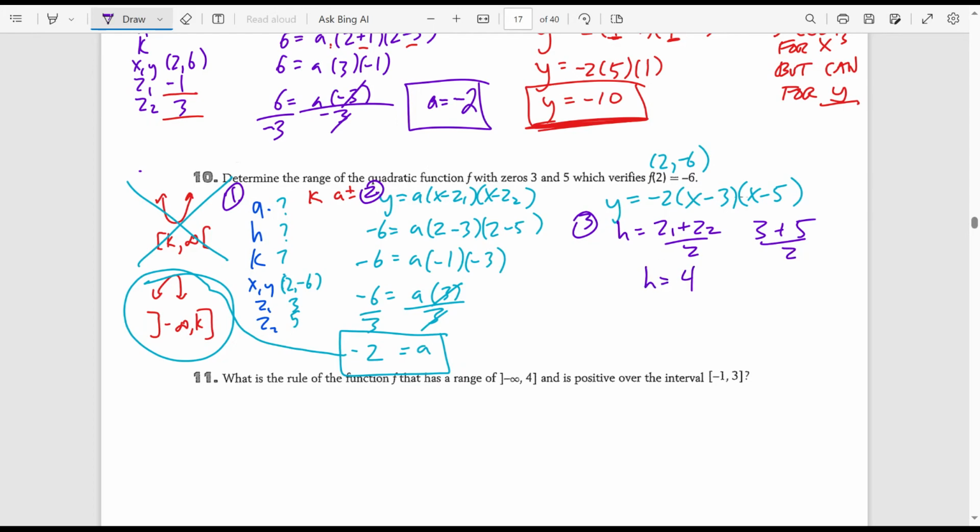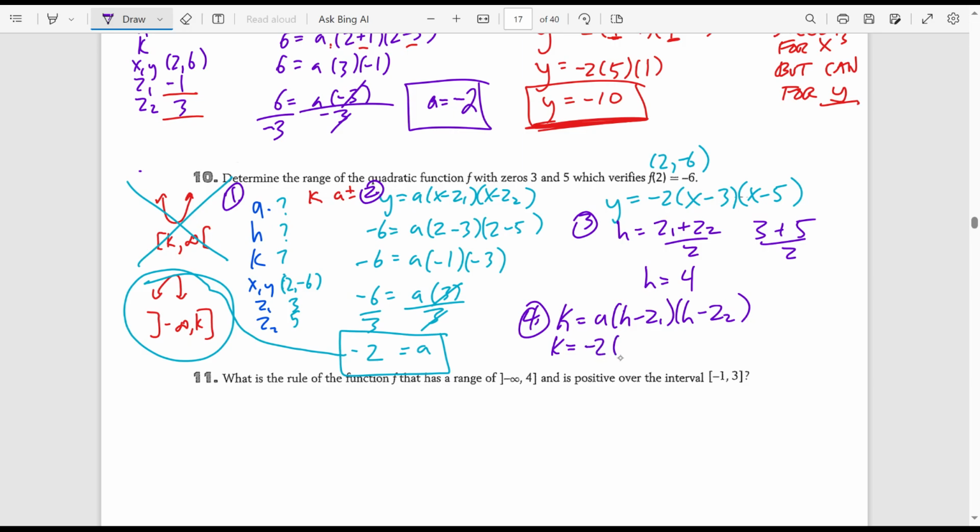So now, step 4, I can solve for my k. I can use this formula here, a times h minus z1 times h minus z2. Now I can plug in everything I know.